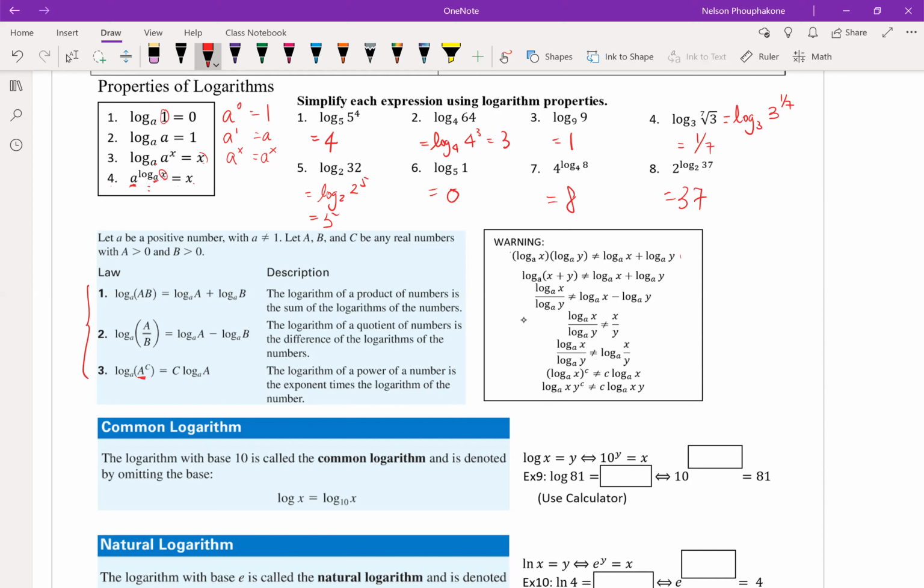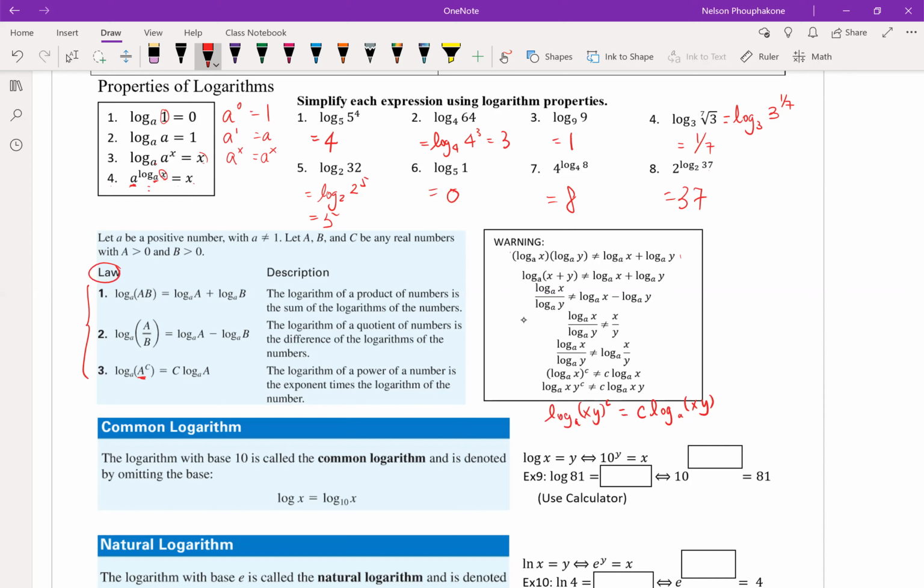So again, we could not bring the c to the front. However, if I have something like this, then in this case, yes, I will be able to bring the c to the front. They're different.